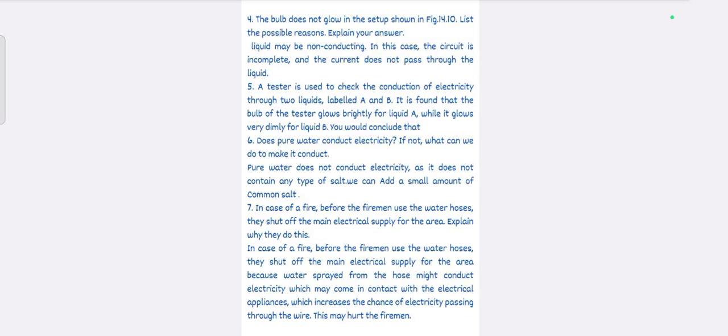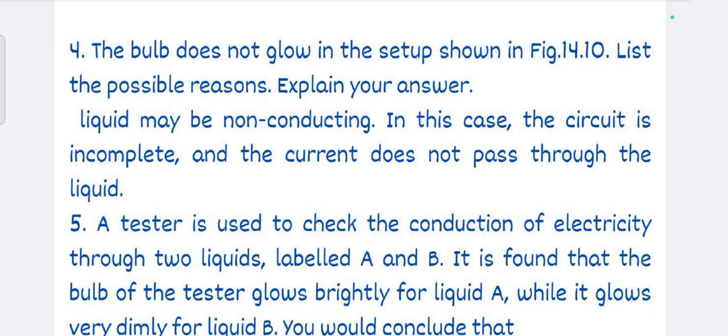Now we will start question 4. The bulb does not glow in the setup shown in figure 14.10.